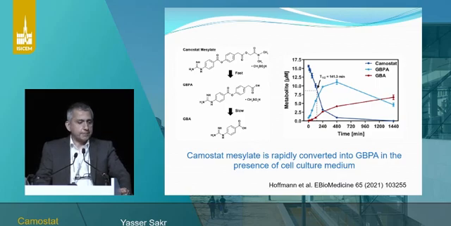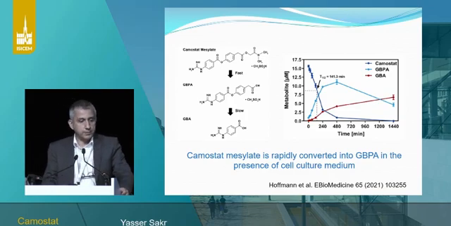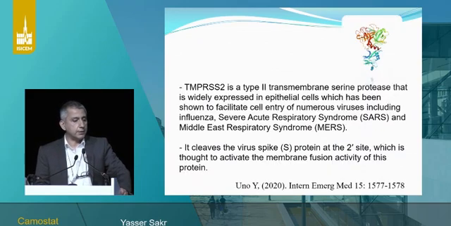Camostat is by itself an inactive compound. After oral ingestion, it becomes metabolized to an active metabolite within a couple of minutes and slowly metabolized after 4 to 6 hours to another inactive metabolite that doesn't exert any biological activities on the cells.